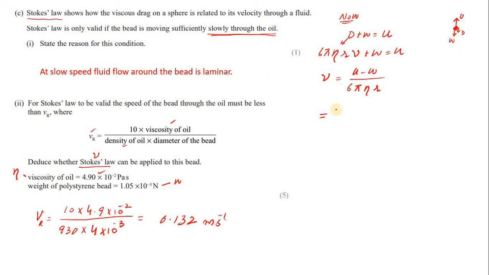We have found the upthrust, 3.1 into 10 to the power minus 4, minus W. W is the weight, which is given as 1.05 into 10 to the power minus 5, divided by 6 pi, 3.14, into eta, the viscosity 4.9 into 10 to the power minus 2, into r, the radius, so 4 into 10 to the power minus 3, the diameter, divided by 2.